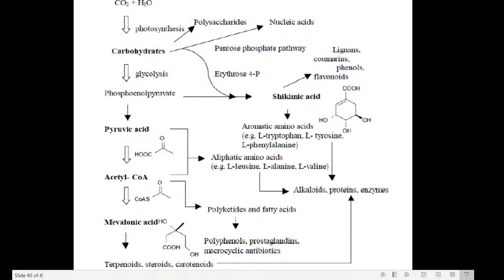Then another thing, acetyl CoA produces polyketides and fatty acids, which help the production of polyphenols and prostaglandins in the plant. These are the overall production image.